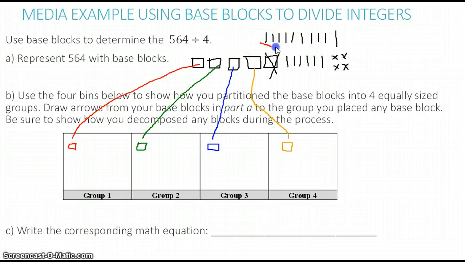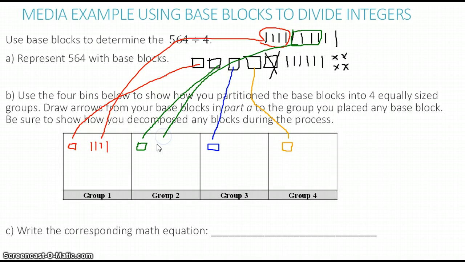I'm going to circle these 4. That's going to go in this group. Now here's 4. 1, 2, 3, 4. That's going to go to group 2.